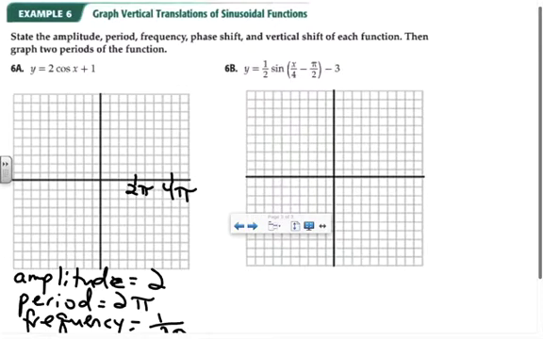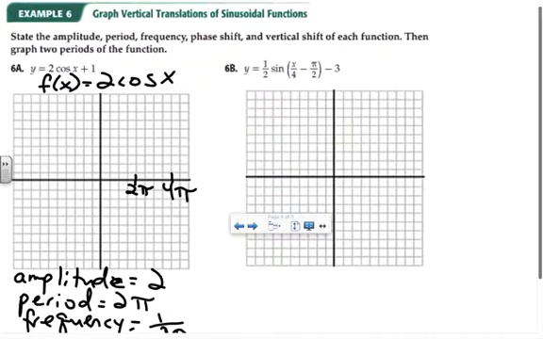There's 2 pi. And it's a cosine graph. So my f of x graph that I'm going to draw is the 2 cosine x. And then I'm going to shift that up 1 space.